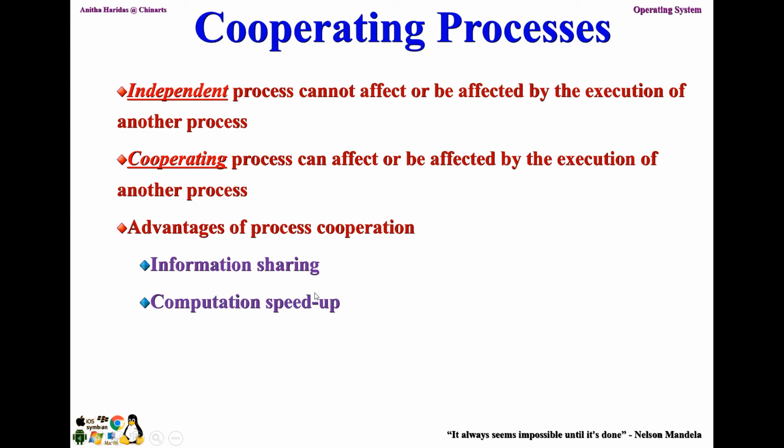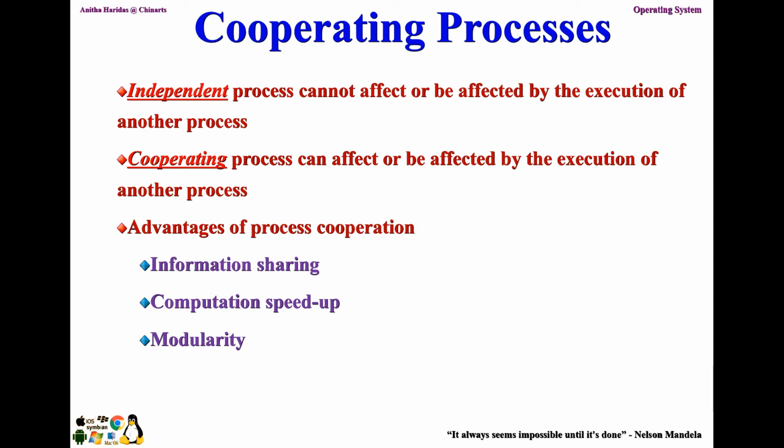Or if you want to increase the execution speed, then you can go for cooperating processes. Or if you want modularity, as we had already discussed, breaking the larger problem or larger task into smaller tasks is what you call modularity.